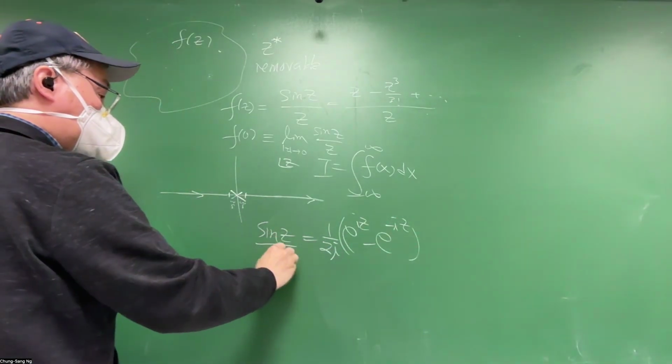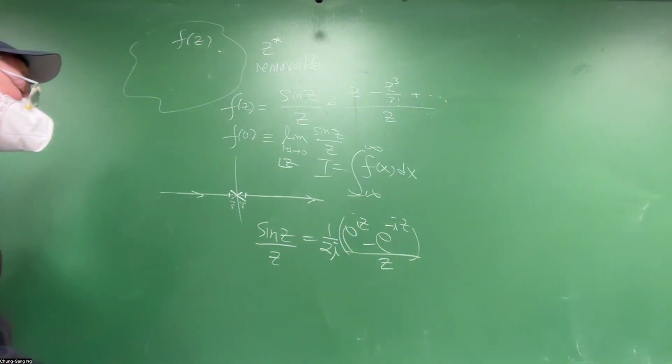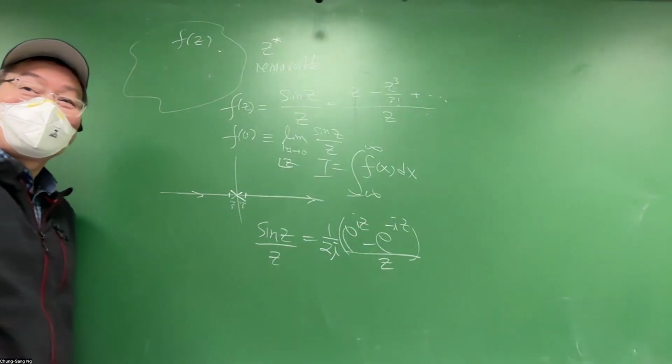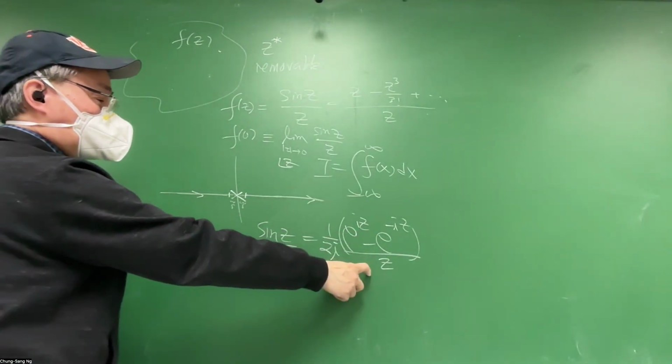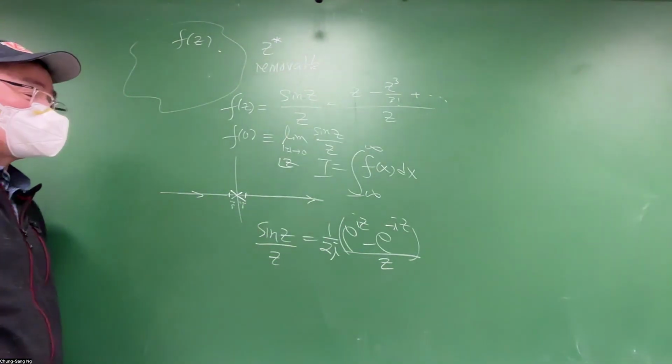If we divide it by z, then the whole thing is removable, but each term is not removable. This one divided by z is a true singularity. This one divided by z is also a true singularity.